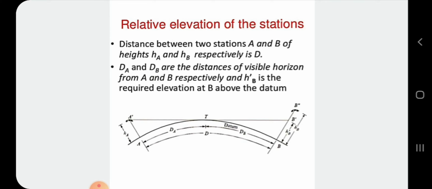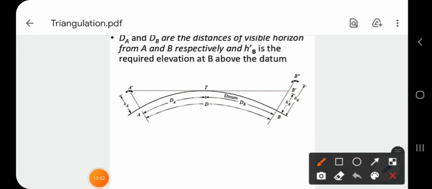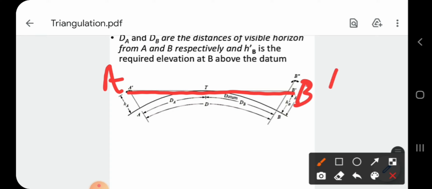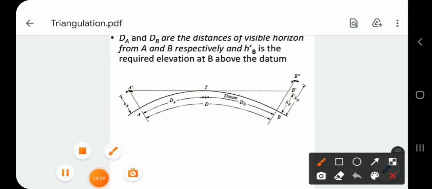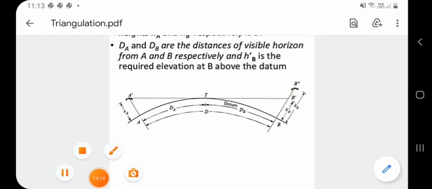Required elevation at B means this is the line of sight. If a person stands at A and can see the point B dash, any point below B dash the observer from A will not be able to see because of the horizon.